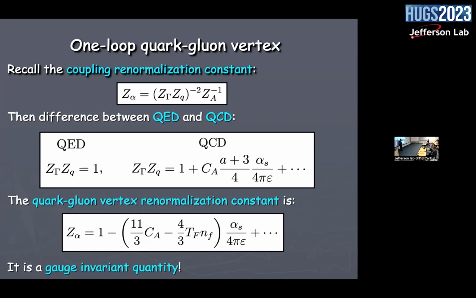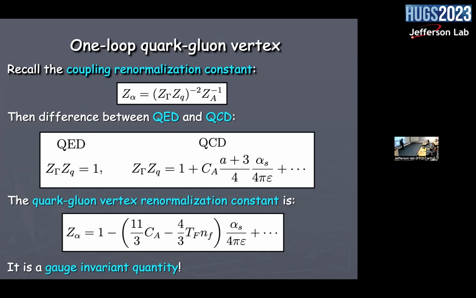It becomes a lot more complicated. There is a color factor which comes in here, and for QCD, it is 3. CA is equal to 3. And if you want to go back from QCD to QED, this Casimir operator is actually 0 for quantum electrodynamics, so you get the result which is 1. And this A is again a change of notation. It is the gauge parameter here now, so it also depends upon the gauge.